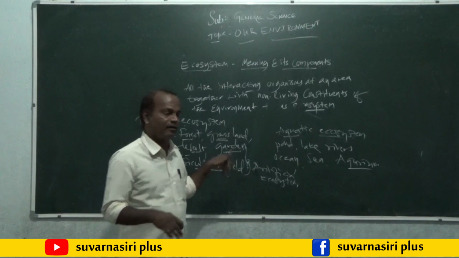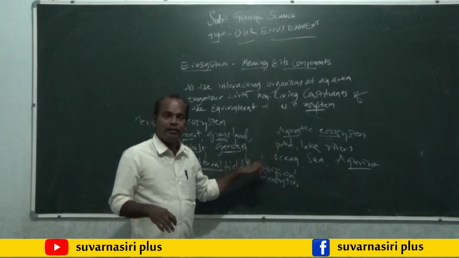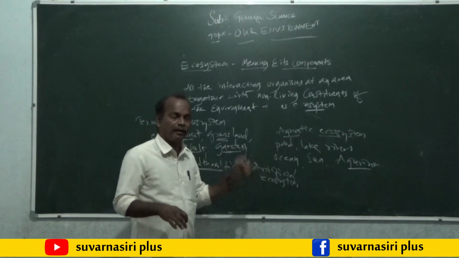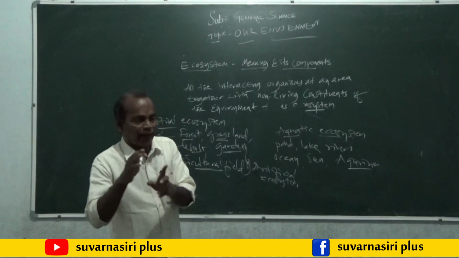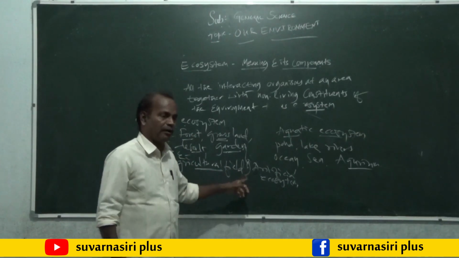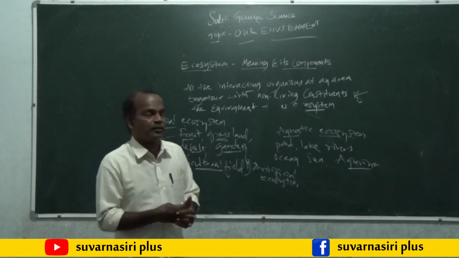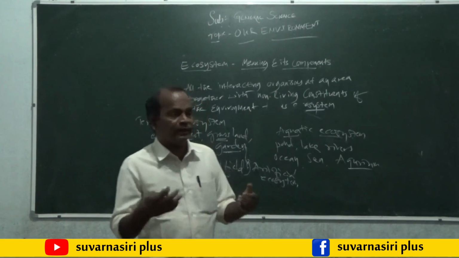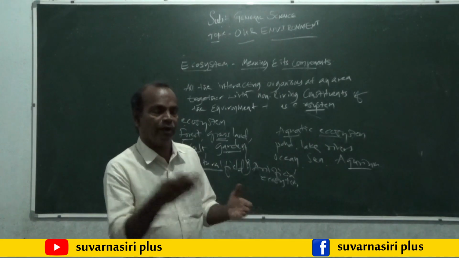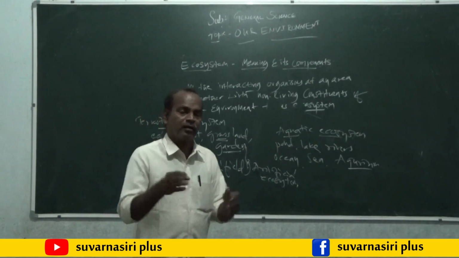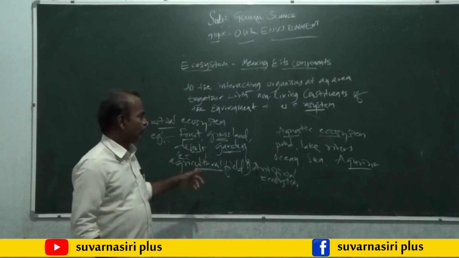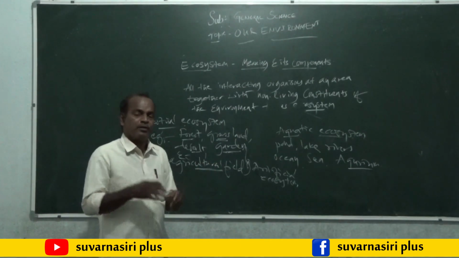Hence we say garden is an ecosystem, and it is an artificial ecosystem. In every ecosystem, the two important components interact, biotic and abiotic components.